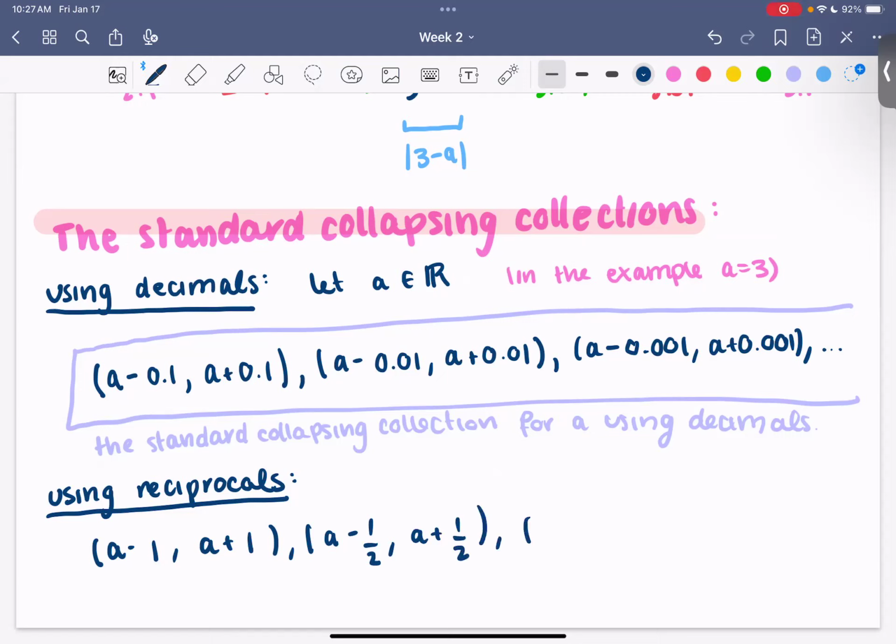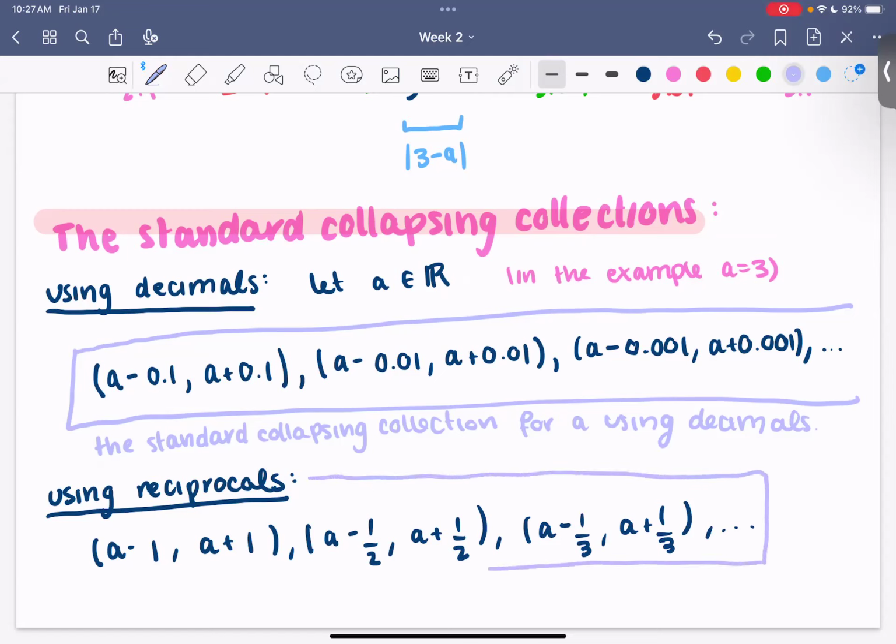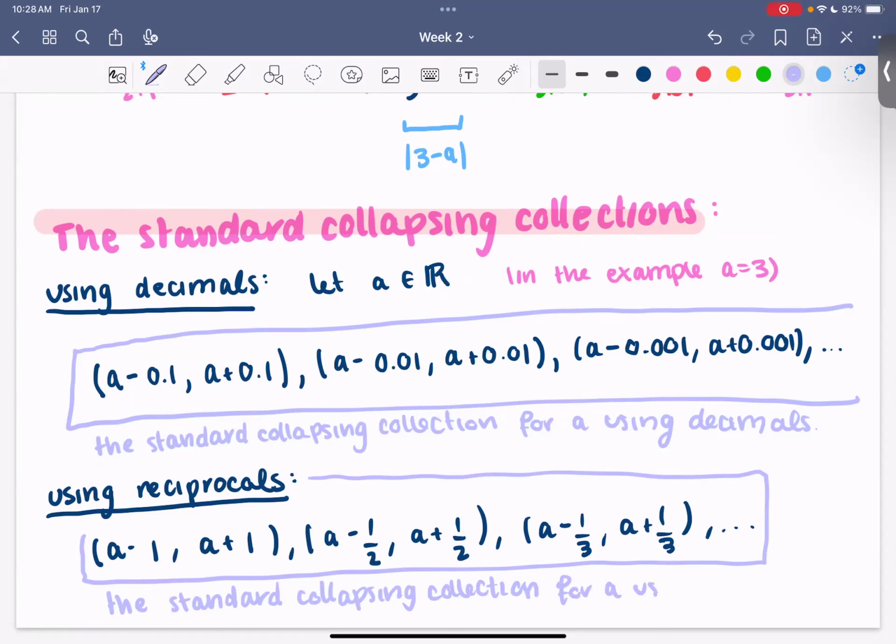And then the third one would be a minus 1/3, a plus 1/3, and so on, continuing in that way. So this is the standard collapsing collection for a using reciprocals.